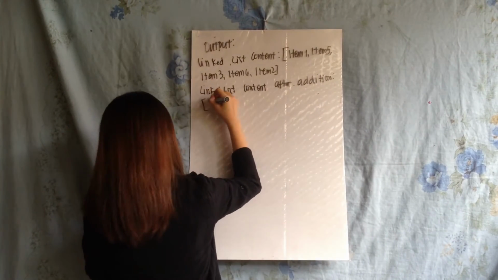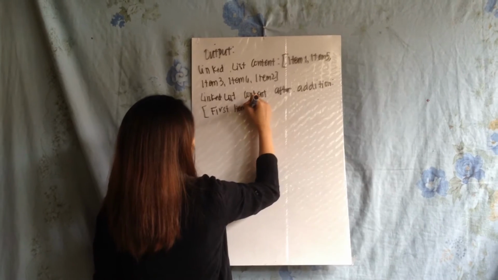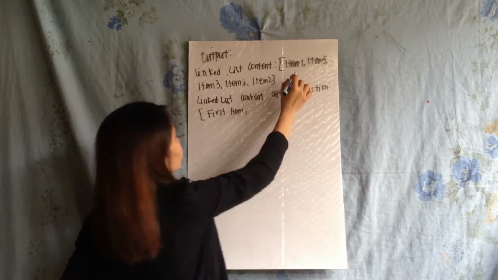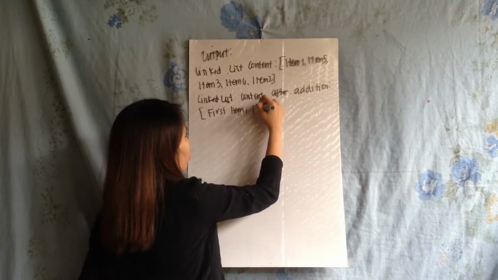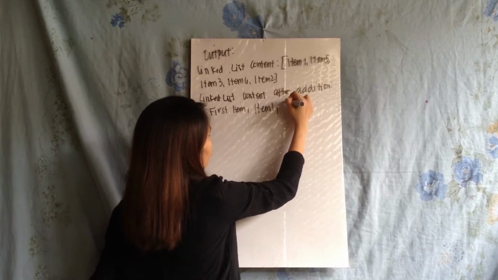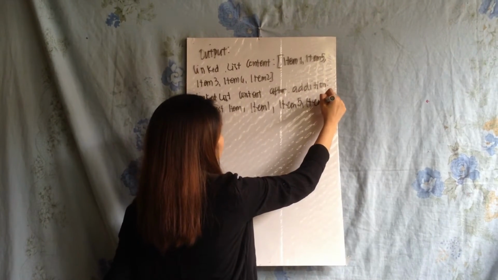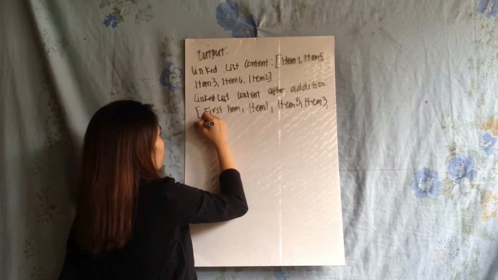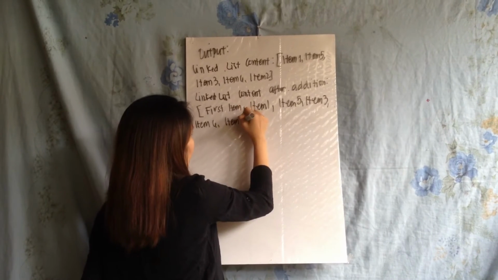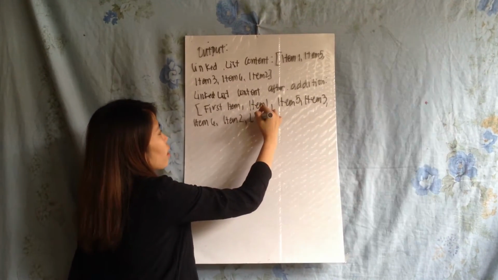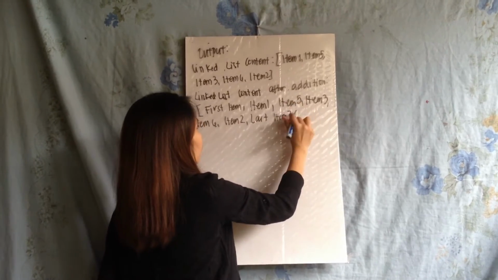So, meron tayo first item, tapos yung elements na nandito, papakita natin yan. So, meron tayong item 1, item 5, and yung nilagay natin kaninang last item. Yan.